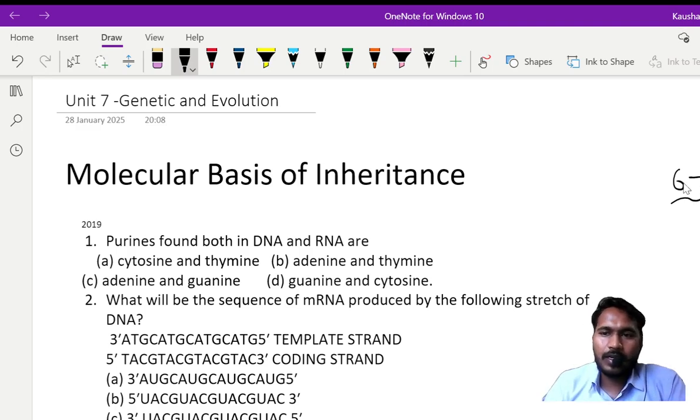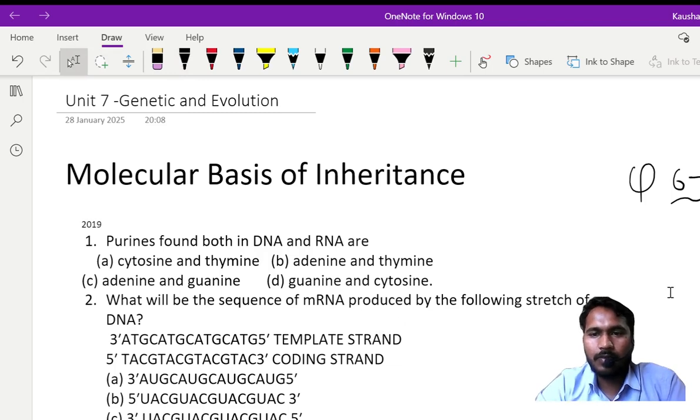This is also an interconnected topic for the biotechnology chapter, principles and processes. And if you understand this chapter, it will help you in understanding the biomolecules nucleic acid chapter also. So that is the importance of the chapter.